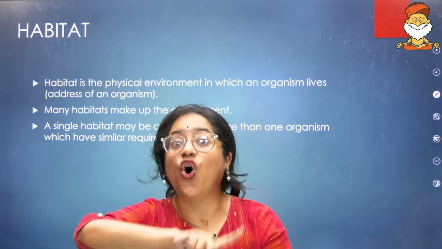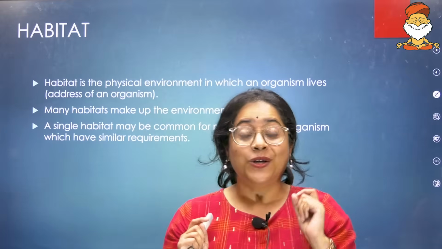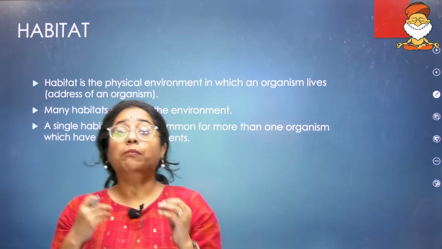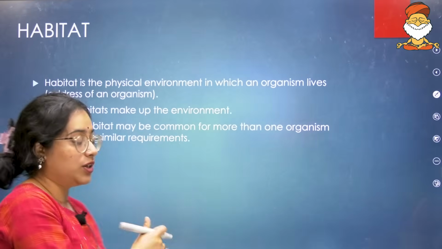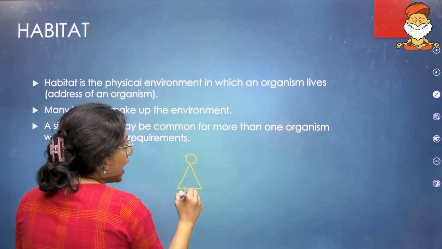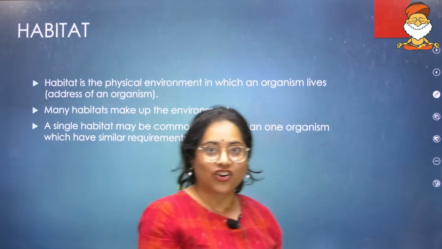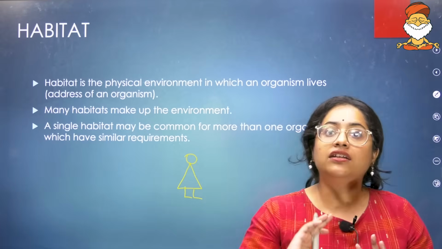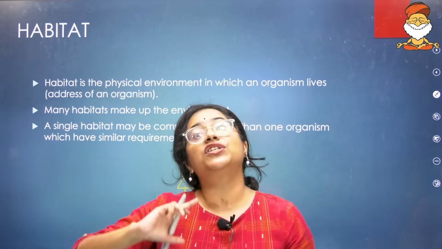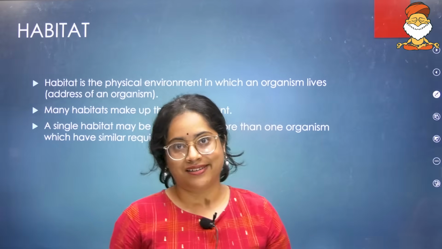When I'm saying habitat, I'm defining habitat with respect to an organism. Got it? It is the address of the organism. It is the physical environment in which an organism lives.